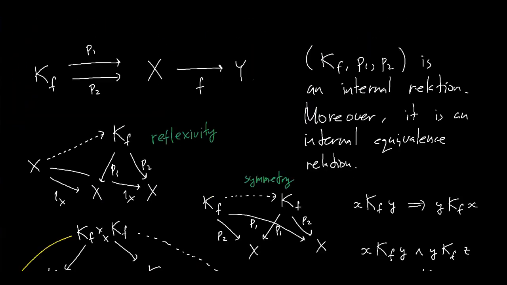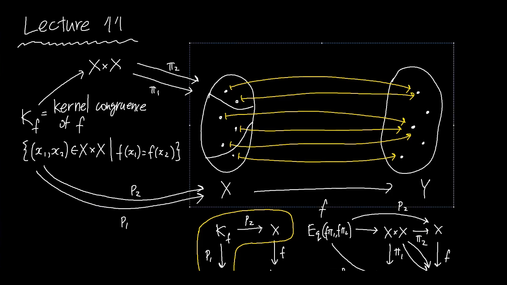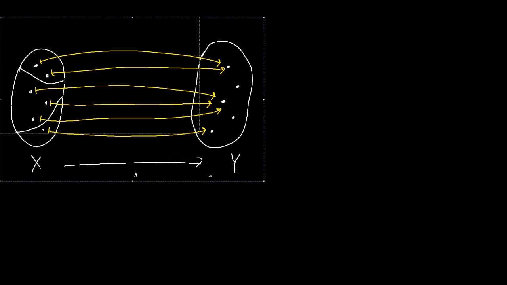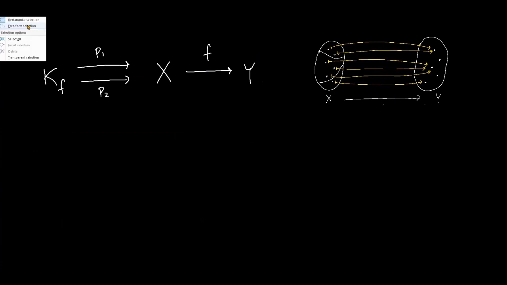So let me remind you the set theoretic picture. So this is the set theoretic picture. And what I'm asking now is, what happens in the set theoretic picture if we take the coequalizer of P1 and P2?